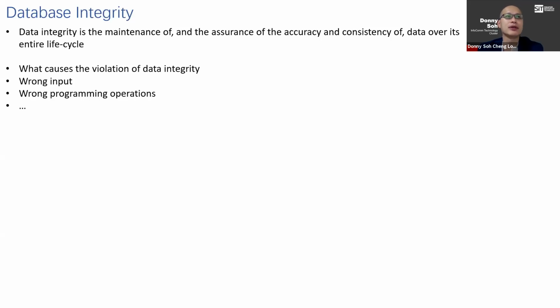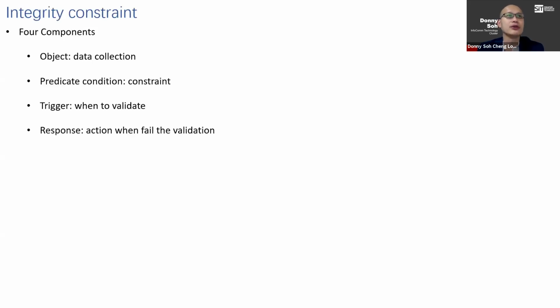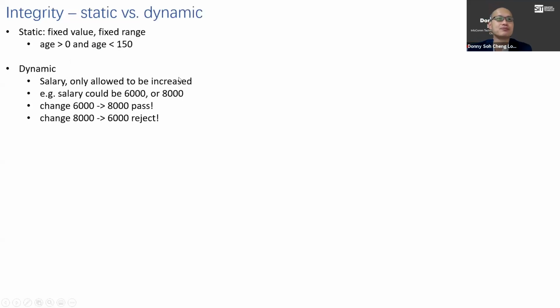Your data may not be consistent because of wrong input or wrong operations or whatever. So there are actually four components of that: your object collection, constraint, trigger, and your response. It's a bit abstract to talk about it like this, so let's look at some explanation.